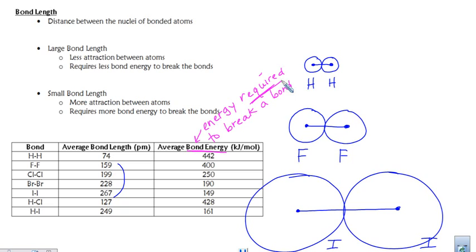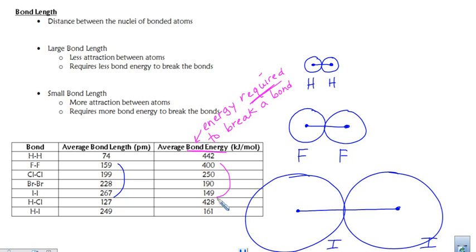So let's see what happens if I compare the fluorine down to the iodine. Fluorine had the smallest bond length, but of these halogens, it has the largest bond energy. Oh yeah, this makes some sense. If you have a small bond length, the atoms are closer to each other.